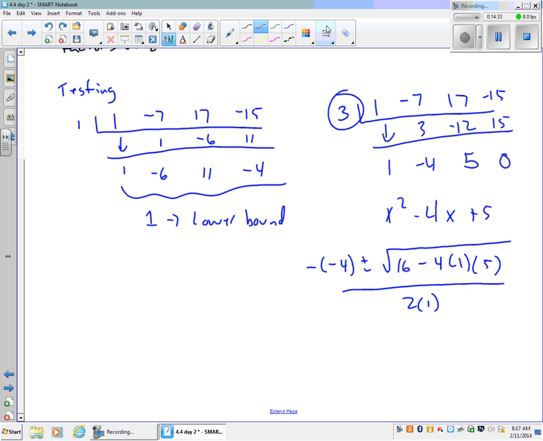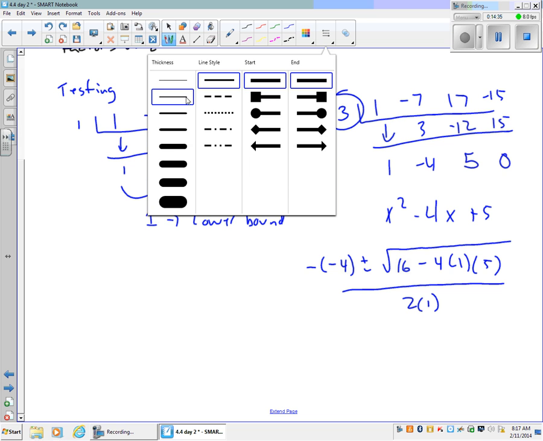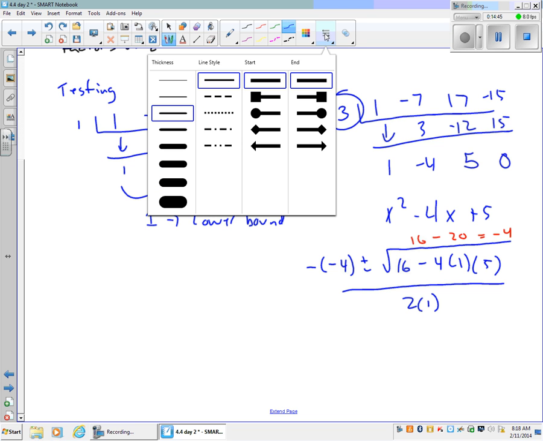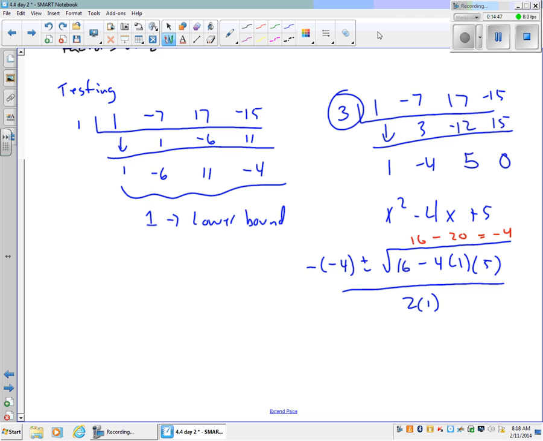And if I do the math underneath here, I'm going to have 16 minus 20, which is negative 4. And so you can see that I'm going to get a complex 0 here. So I have 4 plus or minus the square root of negative 20. I'm sorry, negative 4.